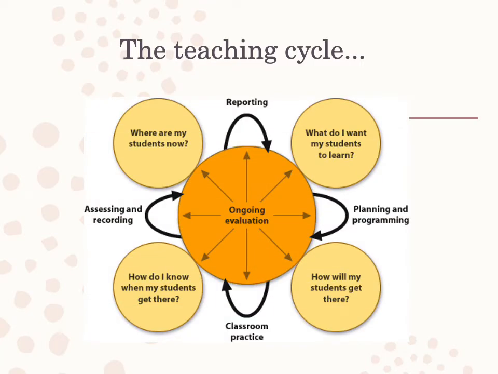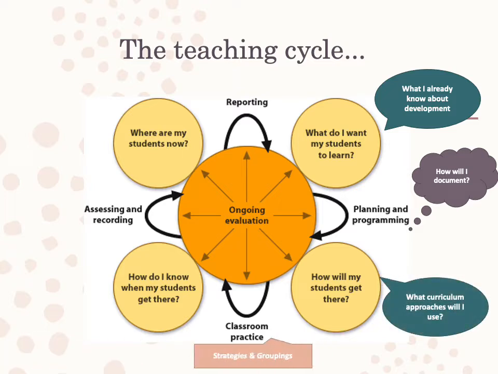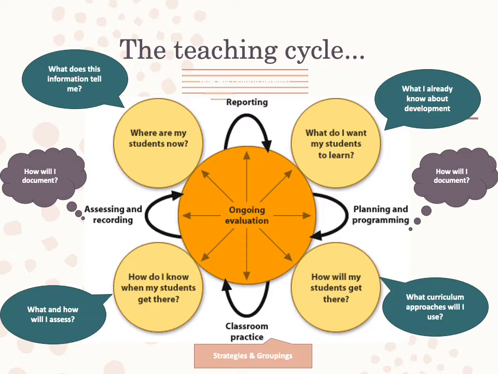So when we look at our cycle, we've got all of the essential elements that we are used to have with our ongoing evaluation staying as part of that constant reflective cycle that we have, making sure that we understand what we already know about the kids, how are you going to show that, what curriculum approaches will you use, what strategies, how and what will you assess, how are you going to document it all, and what does the information tell you, and therefore what will you need to tell parents?